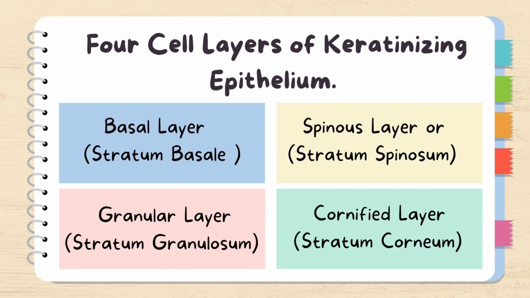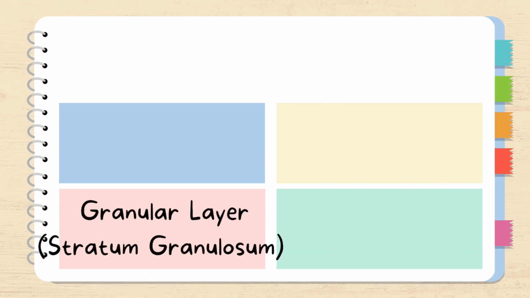Granular layer, or the stratum granulosum, has flatter and wider cells, and nuclei show signs of degeneration and pycnosis. And the cornified layer, also called stratum corneum, has keratinized squamous cells with densely packed protein contained within a toughened cell membrane.